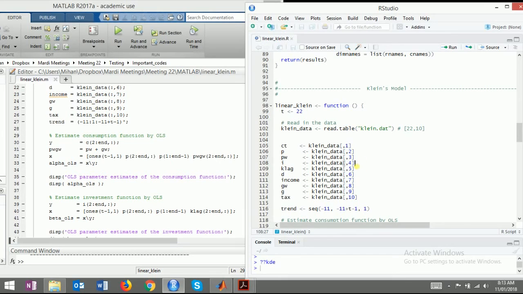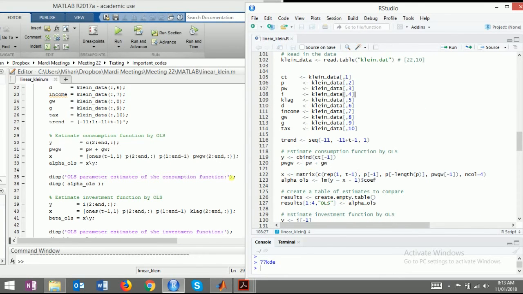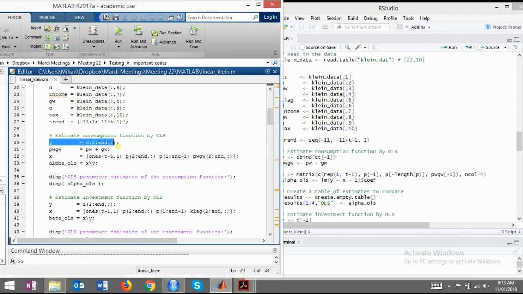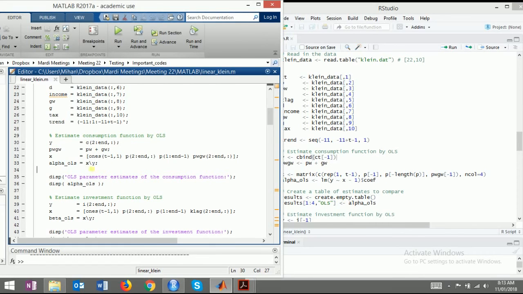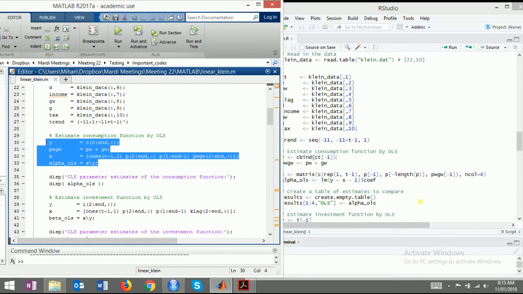Estimate consumption function by OLS, not a big deal. Take rows 2 to end first, not the first one, because it's y t minus 1 we are talking about. Estimating consumption function by OLS.